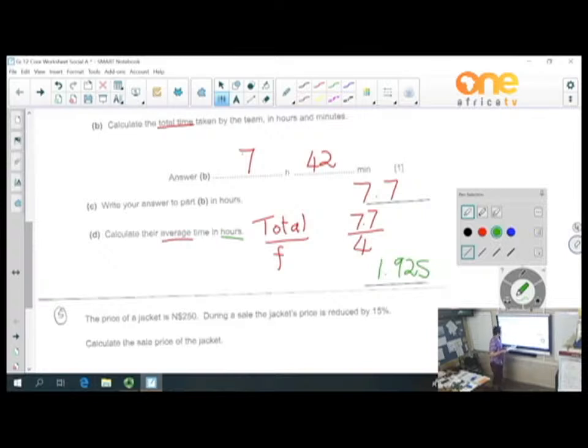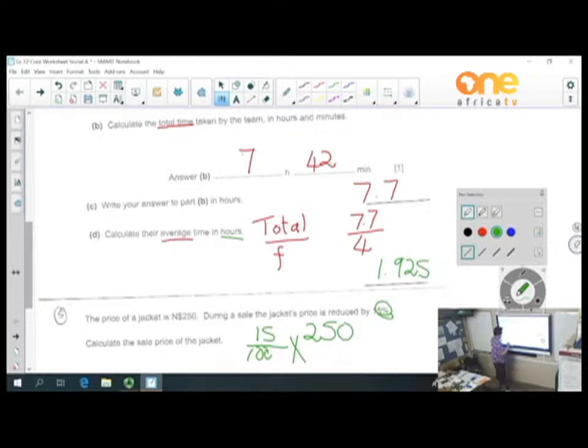The price of a jacket is $250. During a sale, the jacket's price is reduced by 15%. Calculate the selling price. Now, there are always 2 methods. We can say 15%, that sign means over 100, of the 250. Then we get the reduction, and then you still have to subtract it.